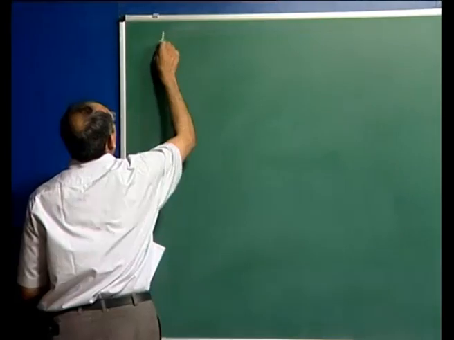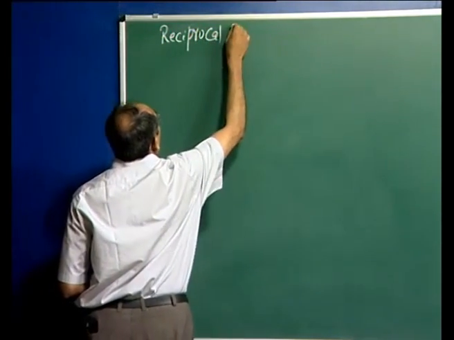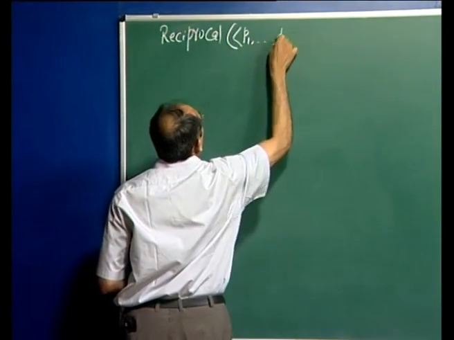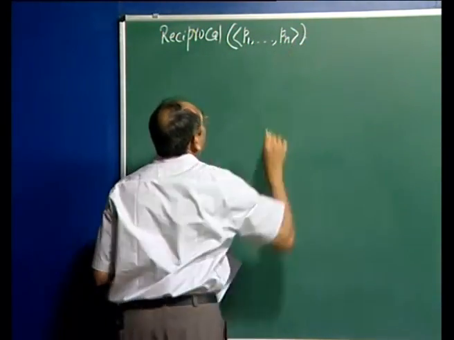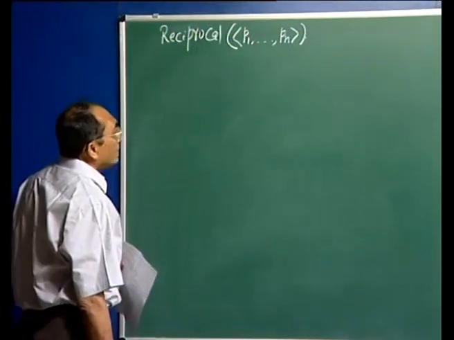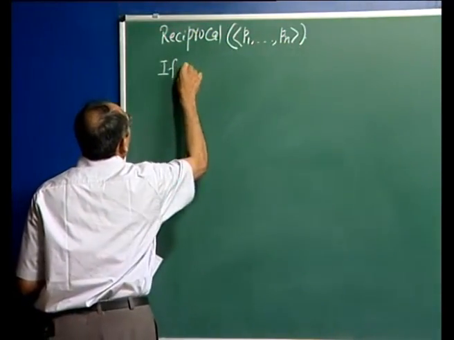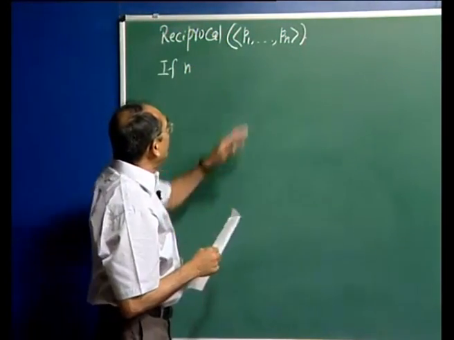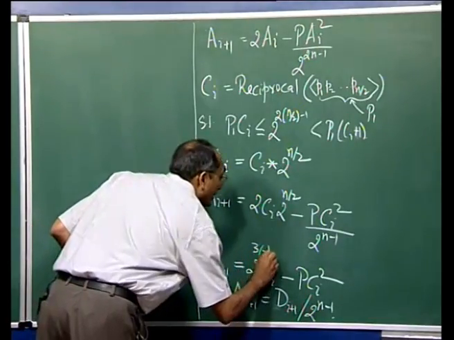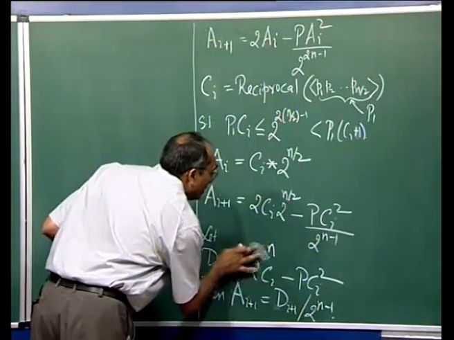Let's call it reciprocal of an n bit number. Now first we check, notice that when we have an n bit number, we mean that p_1 is 1.